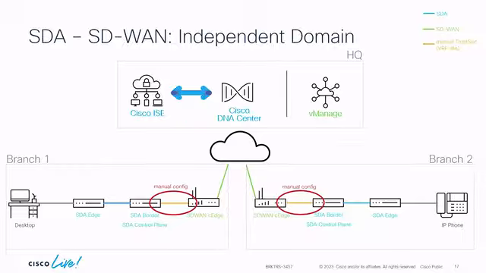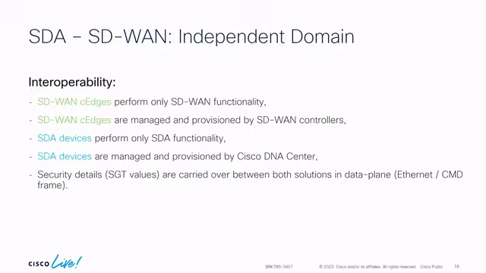Whatever security tags are added here by the desktop, through this manual configuration, they will flow through the whole path up to this IP phone on the right. So that's the idea, so that you can enforce the security not only on site, but among all the sites that you have out there.